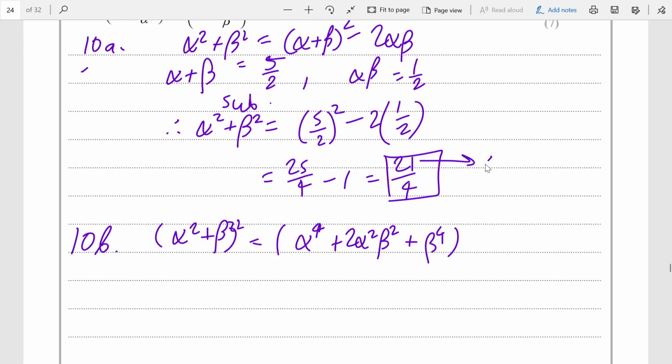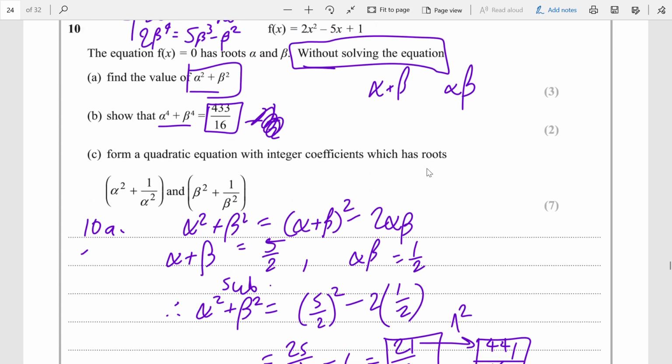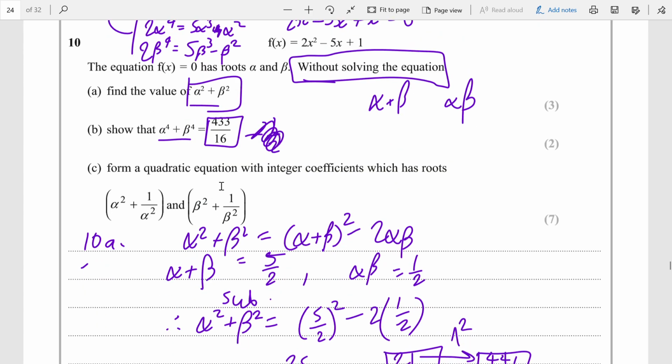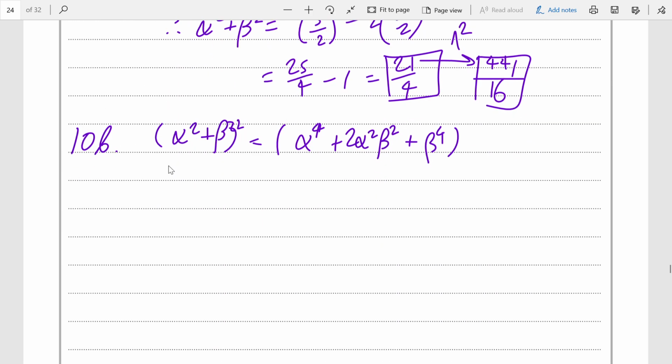Like 21 squared is 441, 4 squared would be 16. Like this number, if you square it, it looks remarkably similar to this. So I suspect that it would have to do something like this number squared, right? And we see this 2 alpha squared beta squared. This could be expressed as 2 times alpha beta squared, or 2 times a half squared, because we know we're allowed to use this quantity alpha beta.